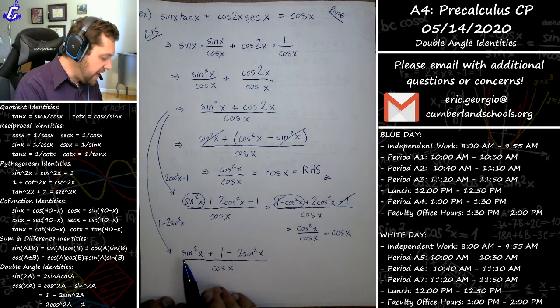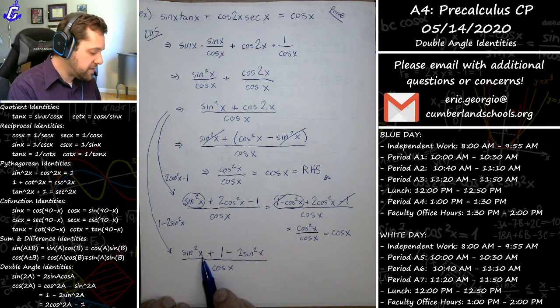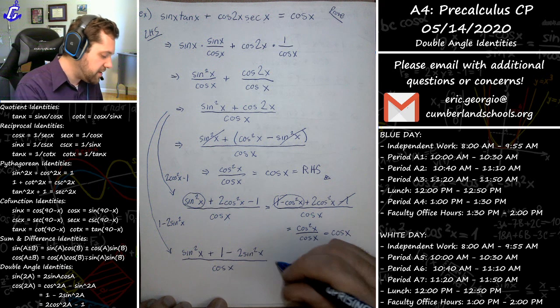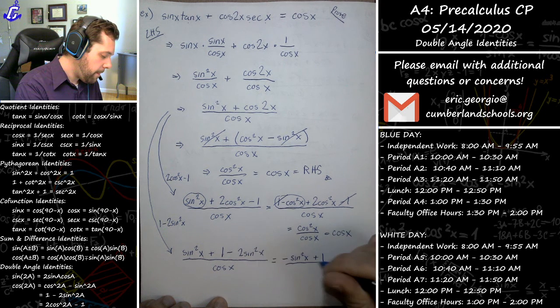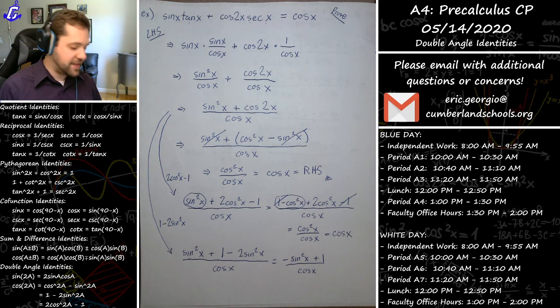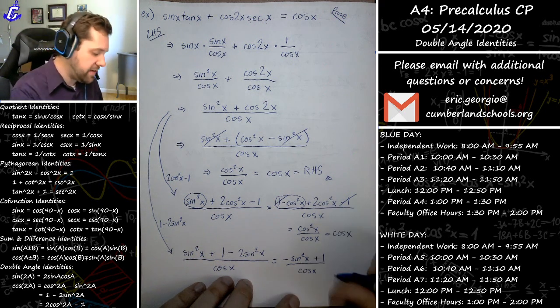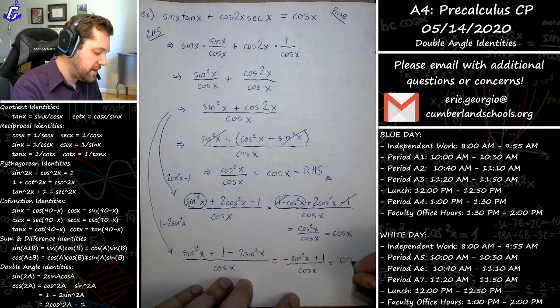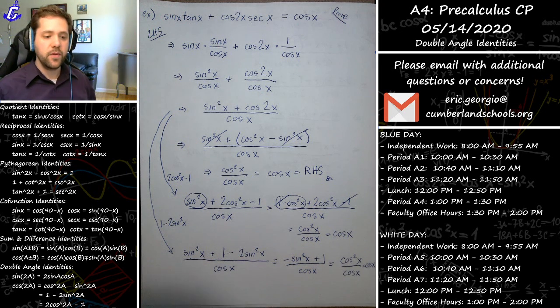Well, we have sine squared of x minus 2 sine squared of x is negative 1 sine squared of x over cosine. And again, our Pythagorean identity tells us that 1 minus sine squared of x is the same as the cosine squared. So I just get right back to that same step of cosine squared of x over cosine, which is cosine x.